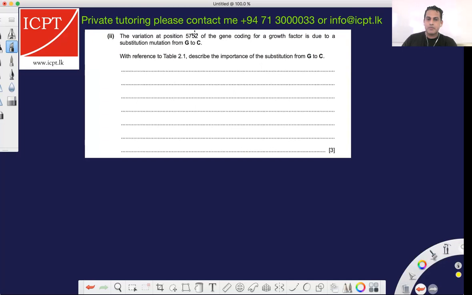The variation at position 5752 of the gene coding for growth factor is due to a substitution mutation from G to C. With reference to table 2.1, describe the importance of substitution from G to C. Right.